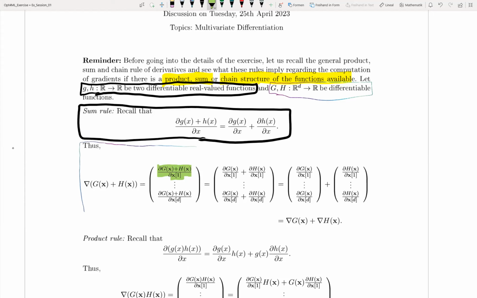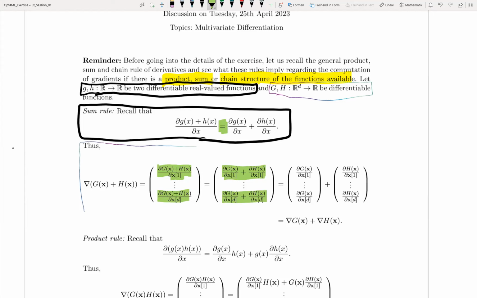For a univariate function, we can split it up in this sum structure. We can do this for all of these components, and since this is a column vector, we can also write it as the sum of two column vectors respectively.